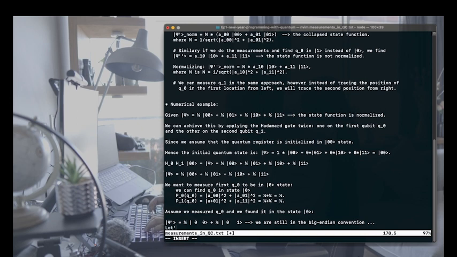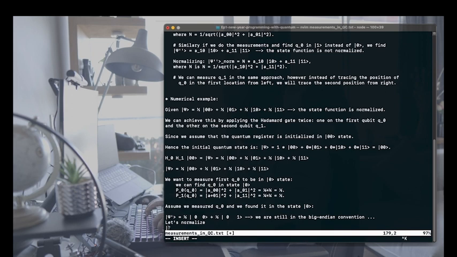And this is a little reminder that we are still in the big Endian convention. Of course, state psi prime is not normalized, so let's normalize it.